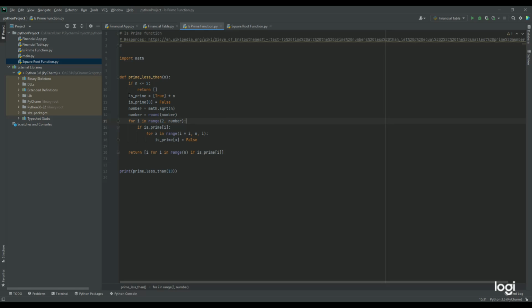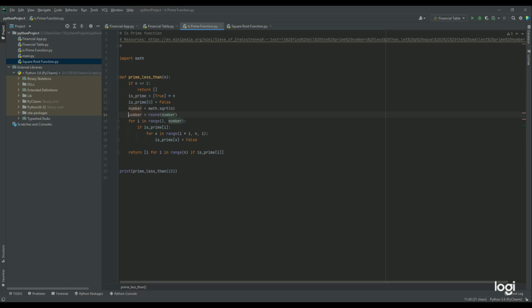In this first little line, I assigned every number from the beginning to the number we had given it, inputted in the arguments, as true, stating that every number in the beginning is a prime number.